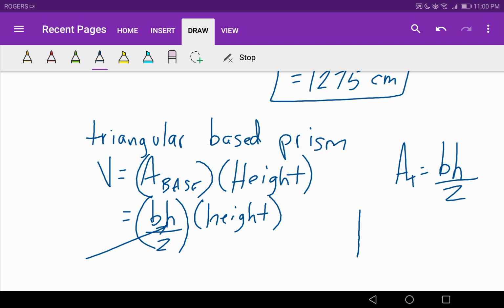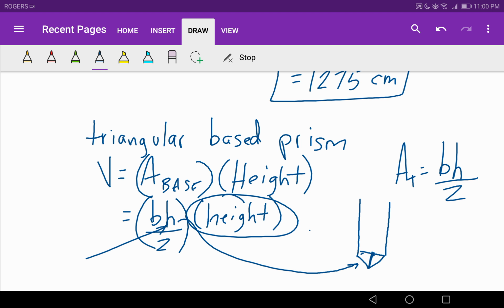I don't know how well this is going to go. Not good at all. Okay, but this height here, I'm talking about the triangular base right here. It's the height of this triangle. This height here, I'm talking about the length or the height of your prism itself.